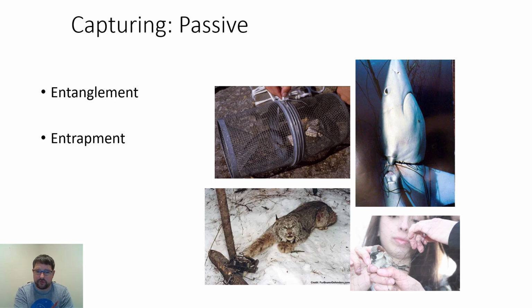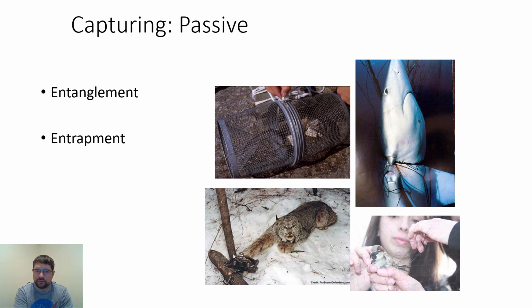So here you can see this is a snare trap. Often snare traps will not entice an organism with food, but entice them with something else. Sometimes people will hang a feather from a string, which will entice cats and things like that to approach the trap region.